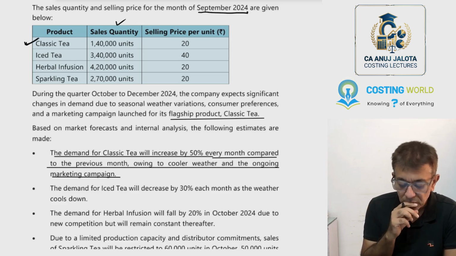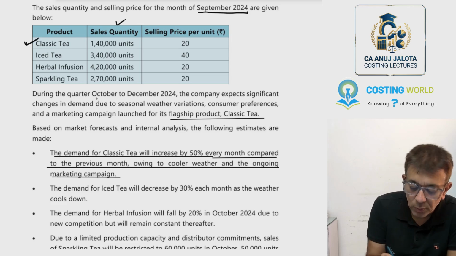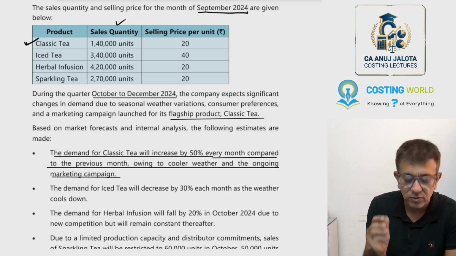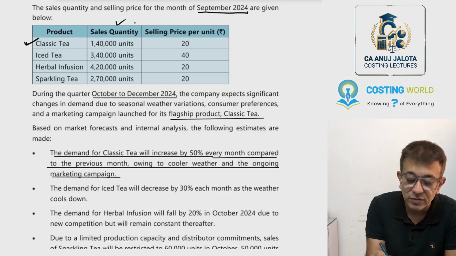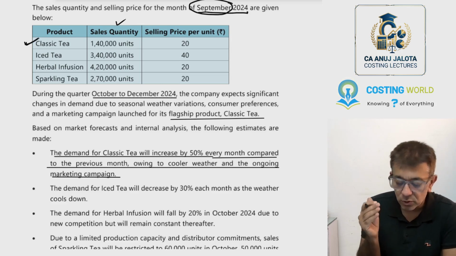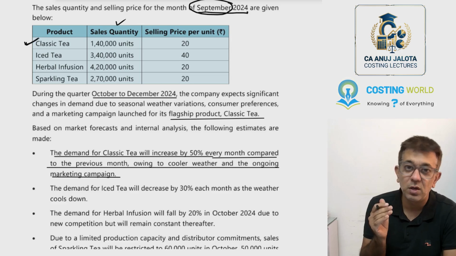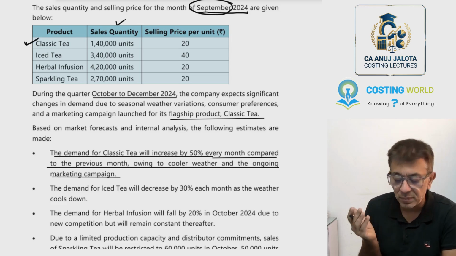Now, you have to prepare the budget from October to December, I'm telling you in advance. This is the data of September. Those guys are saying in every month sales of classic tea will increase by 50%.